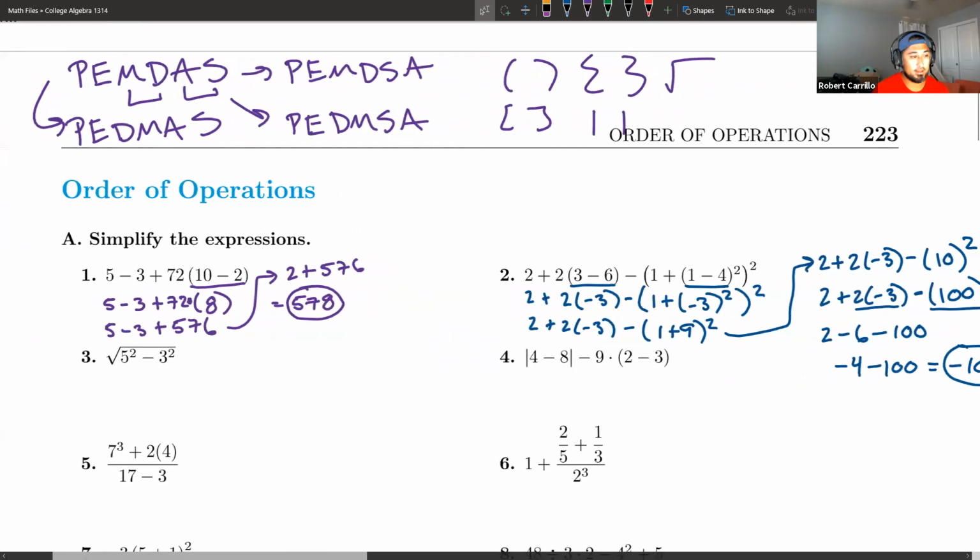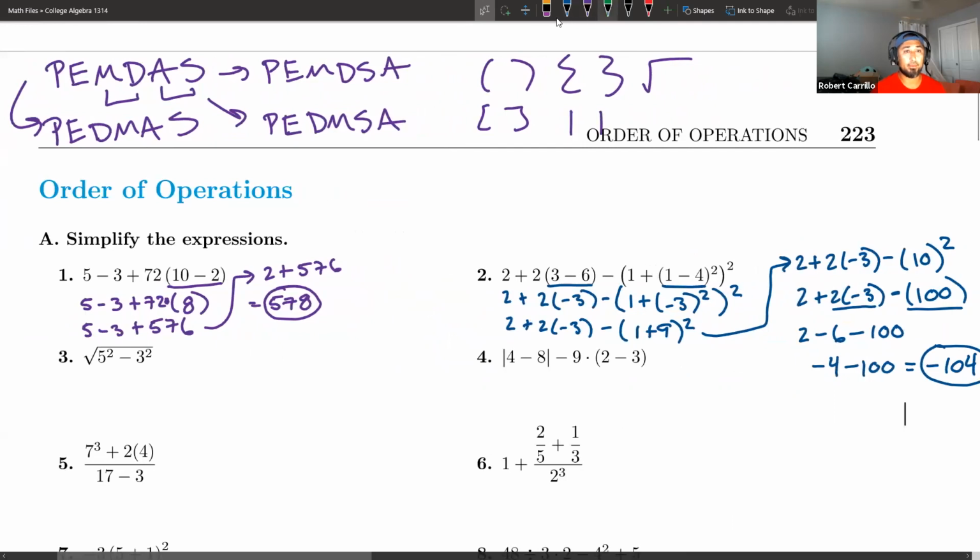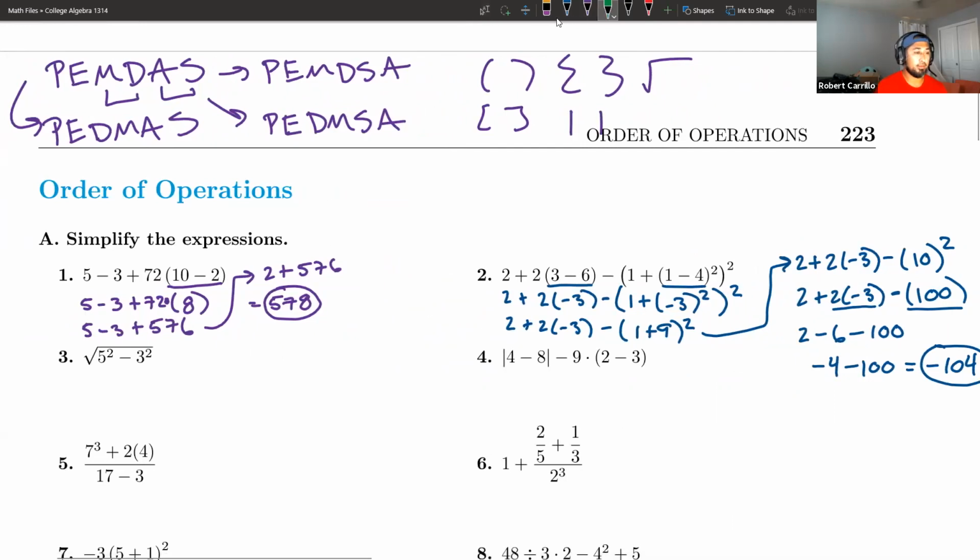All right, let's keep moving. Here we have the square root of 5 squared minus 3 squared. Here you're going to work inside the radical. We see we have exponents inside the radical, so we're going to square both of those numbers.